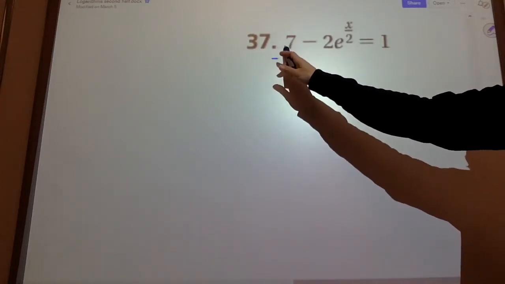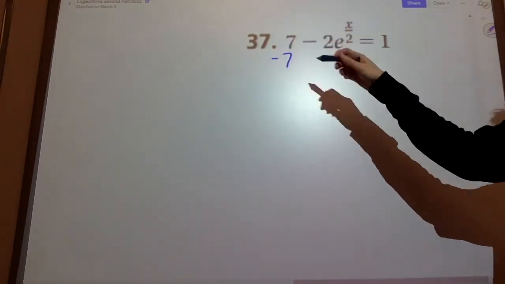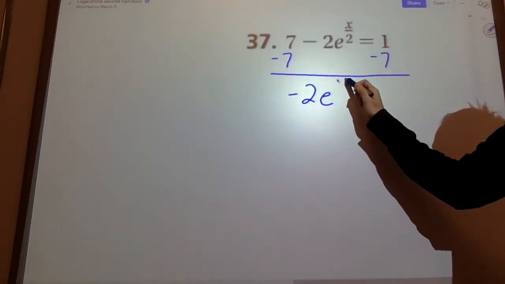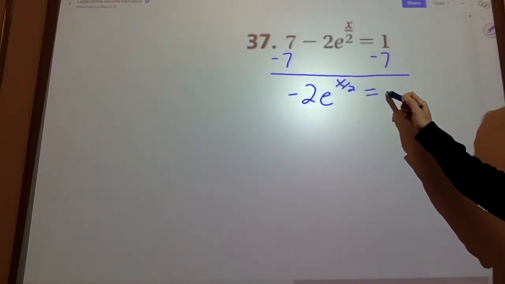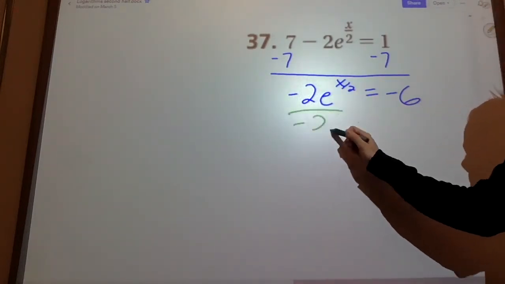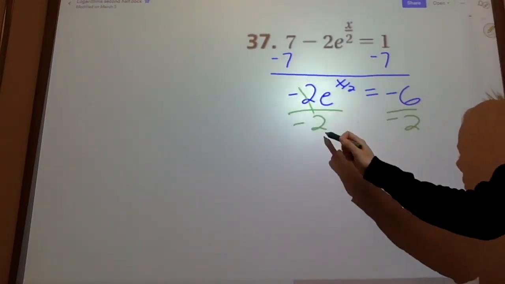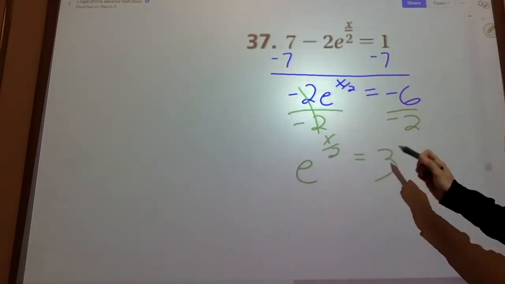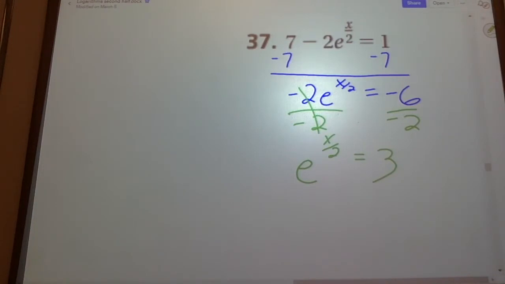Because there's no sign in front of that. That's a positive 7. So I would subtract 7. And then what? Divide by the negative 2. Good. So now I just have e by itself, positive 3, because negative divide by negative.